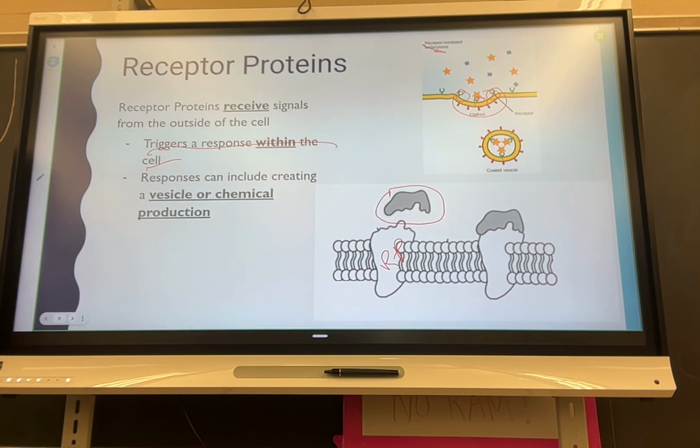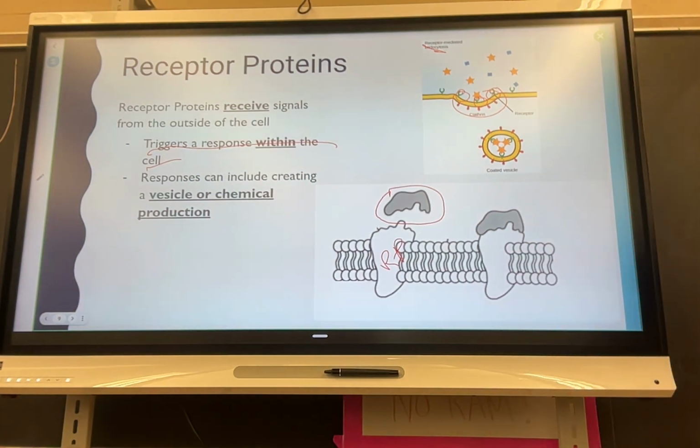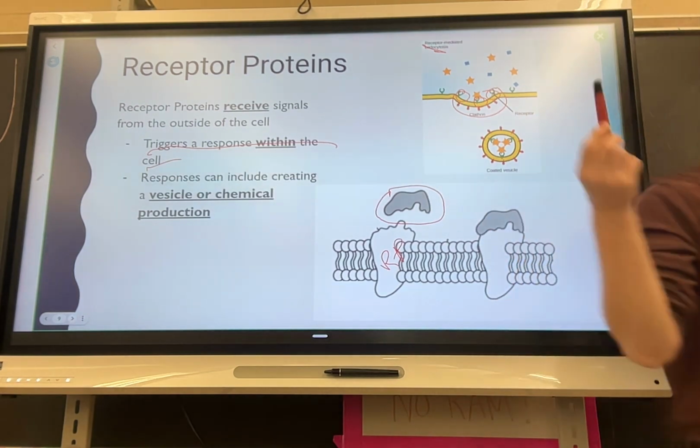So, thinking back to the beginning of the year, which of these 7 characteristics of life did this apply to? Response to stimuli. So you remember at the beginning of the year we had our 7 characteristics of life.